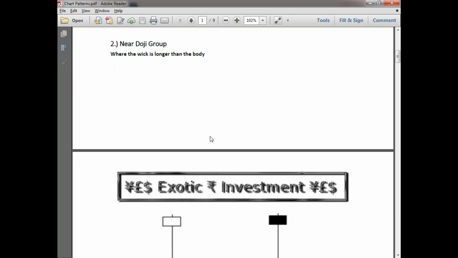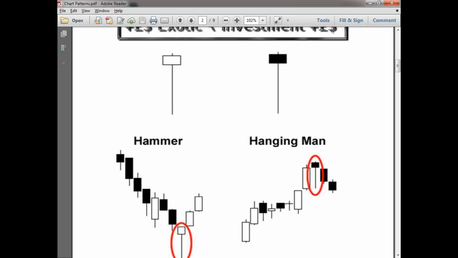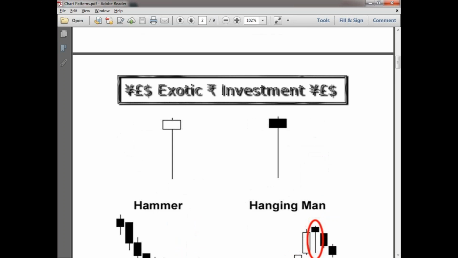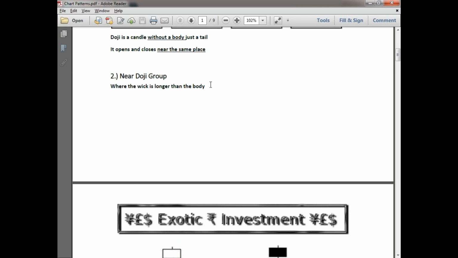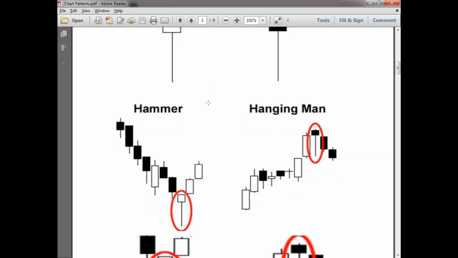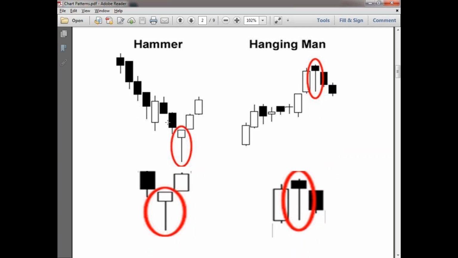So here let's see the near doji group, and here is a hammer, here is a hanging man, and these are the trend setters. The doji itself is not. The near doji group is a trend setter over here. So let's talk about hammers and the hanging man. With a hammer, when there is a clear downtrend, there are too many candles forming on the downside of the market, and there is one candle which reverses all the negative it has.